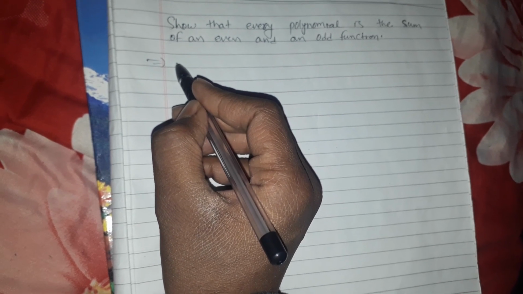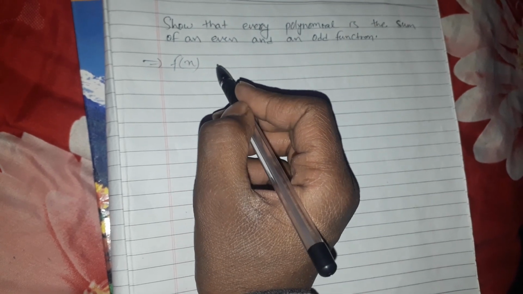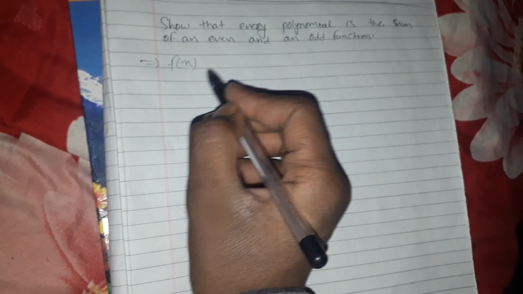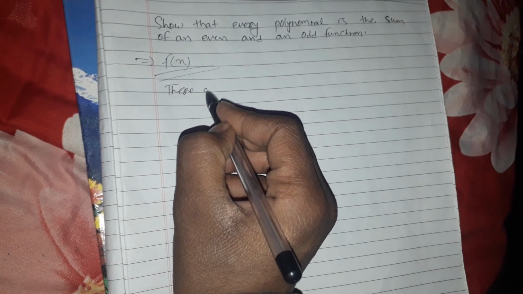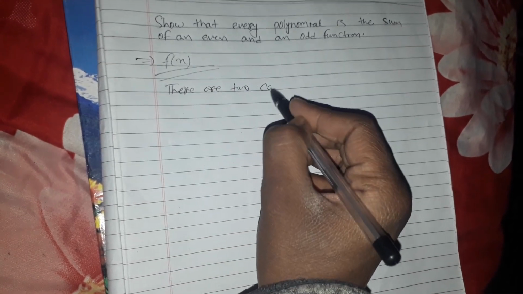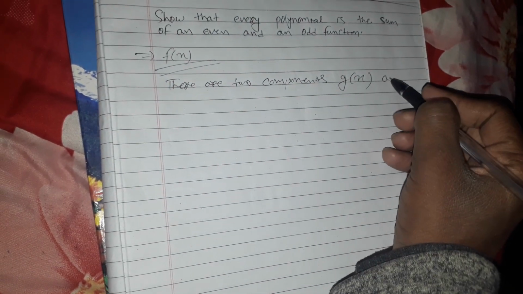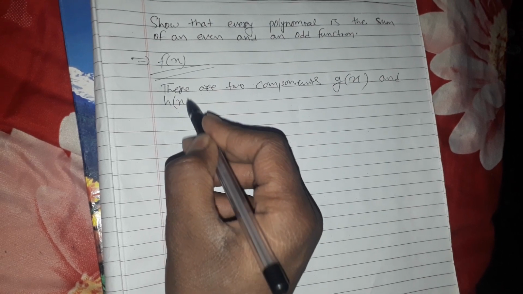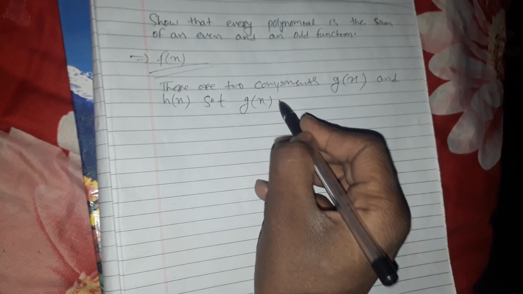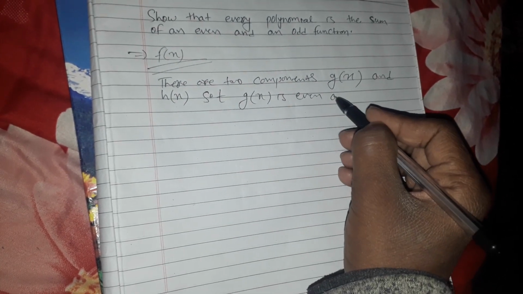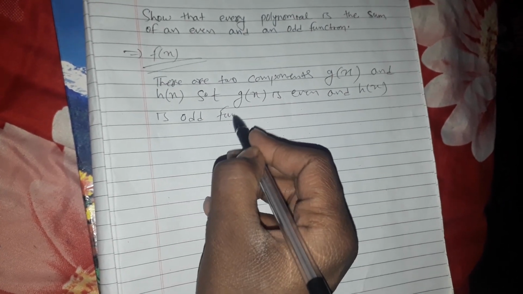So we're going to let there be a function f of x, and there are two components, g of x and h of x, such that g of x is even, and h of x is an odd function.